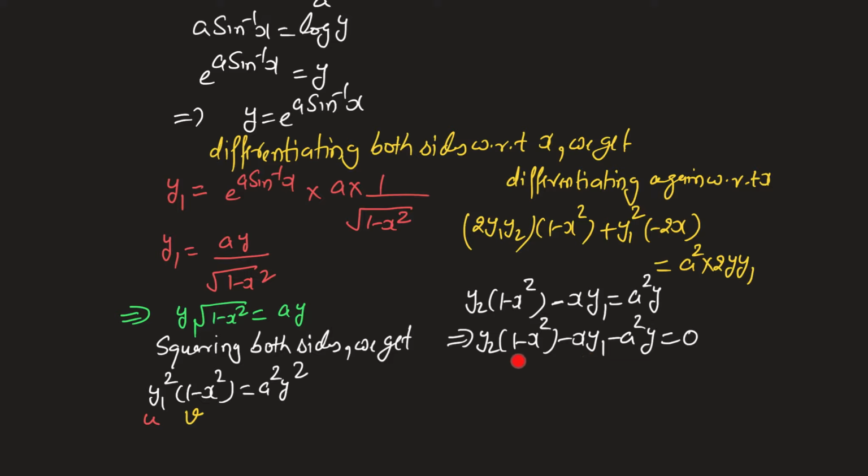Fine. Now we have to prove the result, and because the result which is required to prove involves y n plus 2, we have to differentiate it successively n times with respect to x. So here the Leibniz theorem will be applied because it is a product of two functions here also.